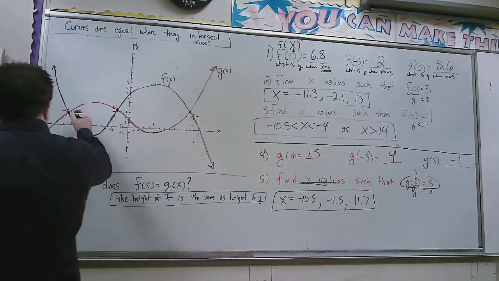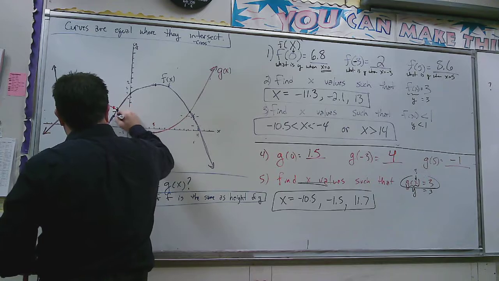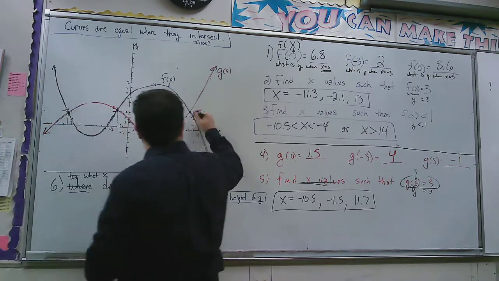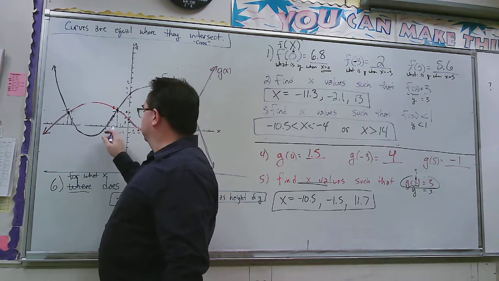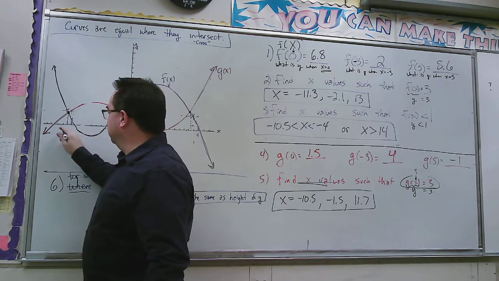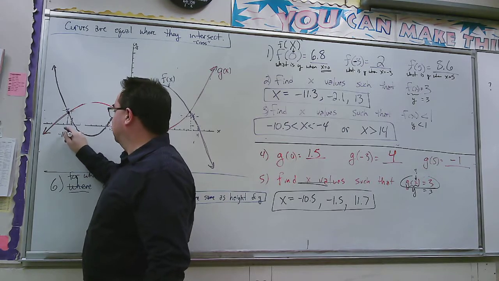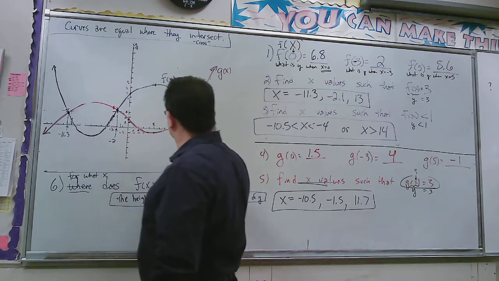And that would be here and here and here. So let's call that 1, 2, 3, 4, 5, 6, 7, 8, 9, 10, 11.3. Looks like right on the -2.